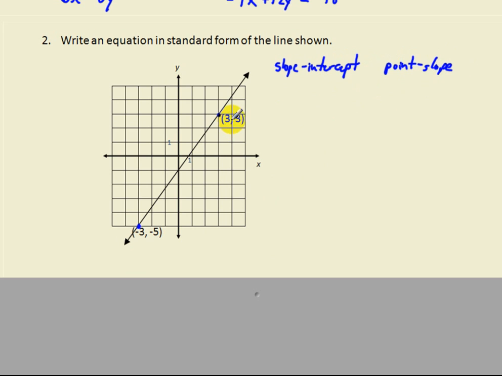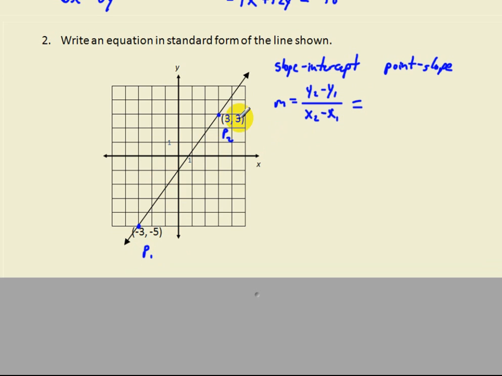Okay, so in this case, when we have 2 points, we have to calculate the slope. So this is going to be y2 minus y1 over x2 minus x1. And it doesn't matter, remember, which one you call point 1 and which one you call point 2. Let's call that one point 1, and we'll call this point 2.